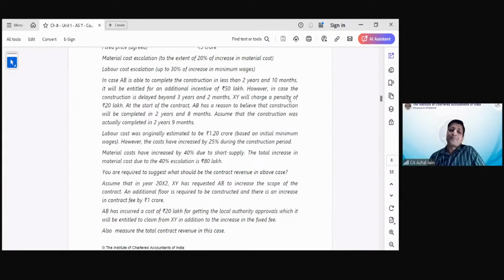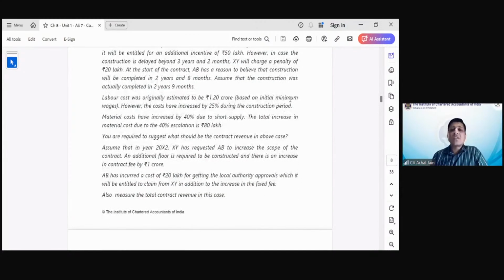Also measure the total contract revenue in this case. So this is what you are required to compute. Over to you.